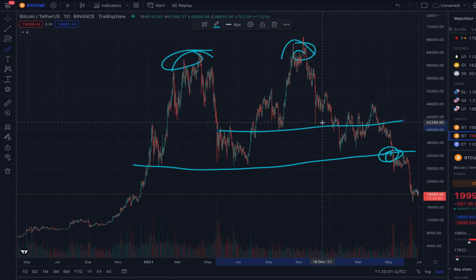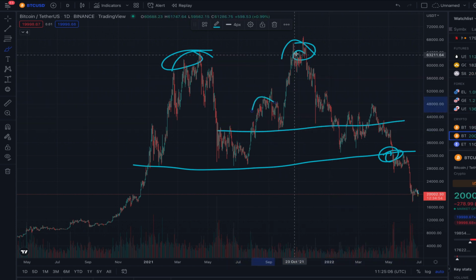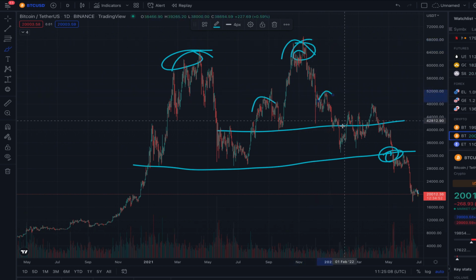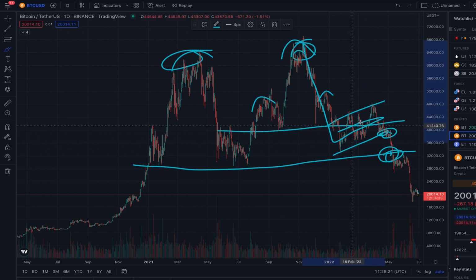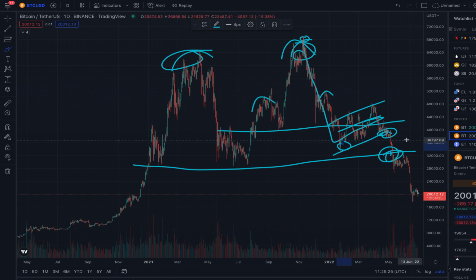Breaking here is a confirmation of this head and shoulders right here, and breaking here is a confirmation of this ascending wedge right here, which is also a bear flag. So you have to take the price target from here and from here, then you put it to the downside.